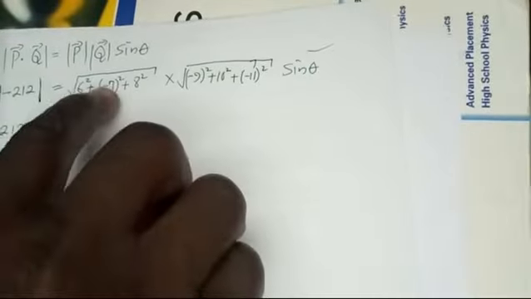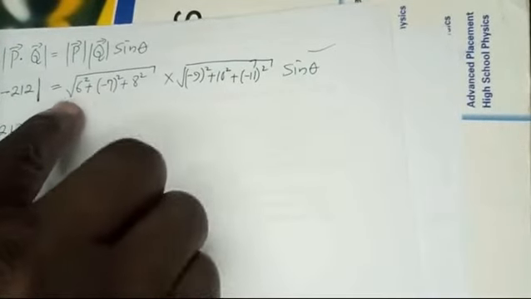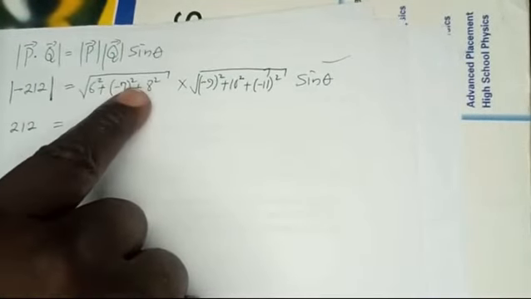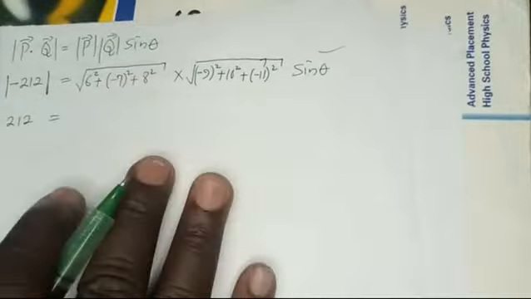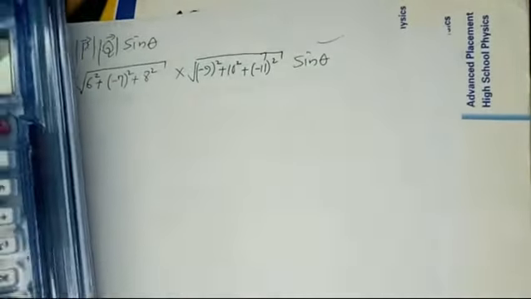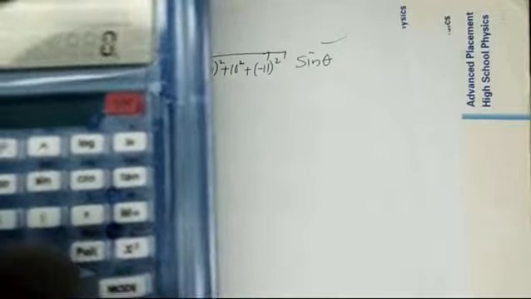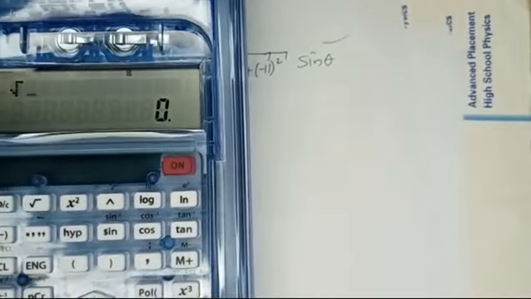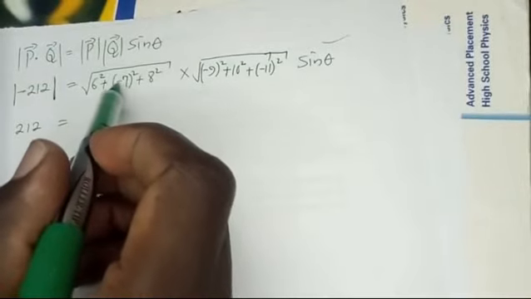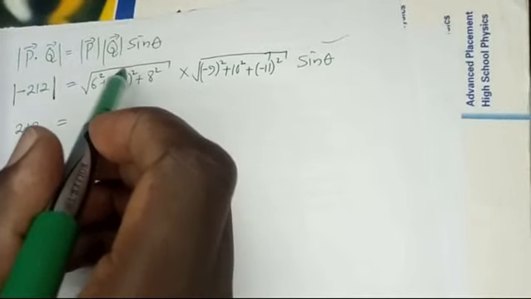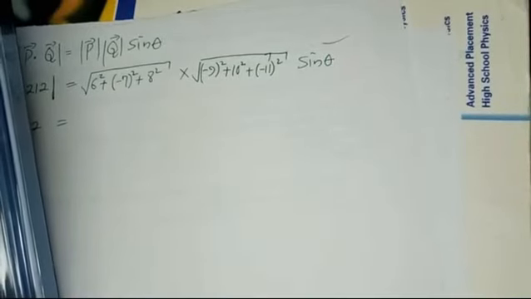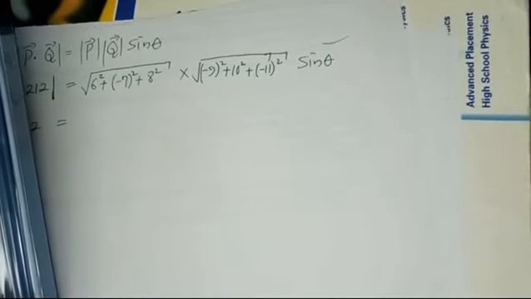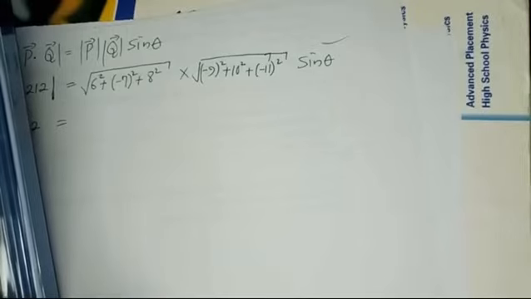For this one, as we did before, you just press square root, open bracket, and press 6 squared plus 7 squared plus 8 squared, ignoring the minus since the square will cancel it, and then close the bracket.